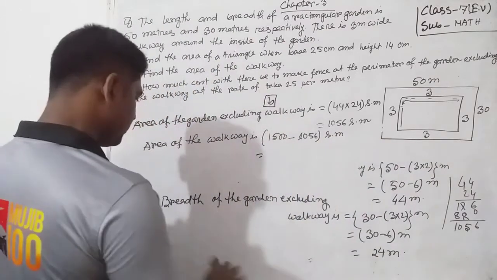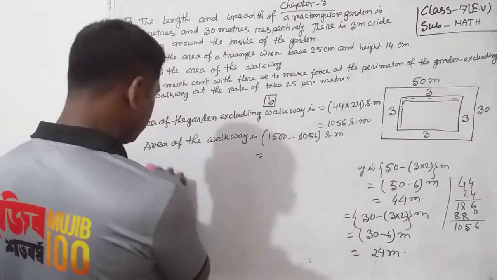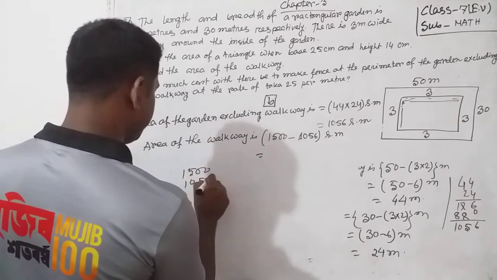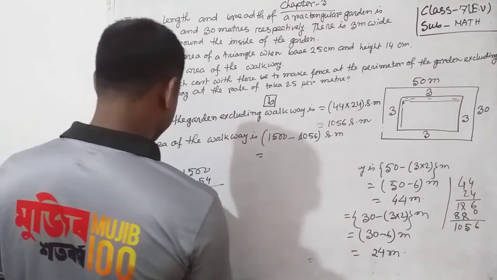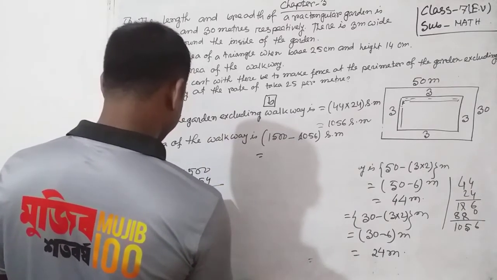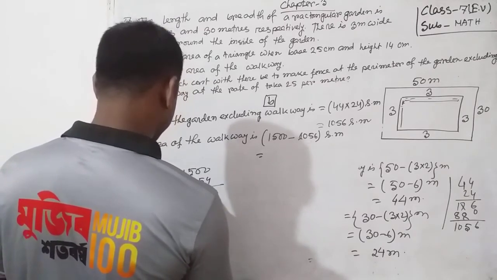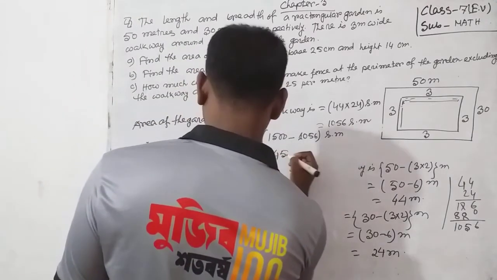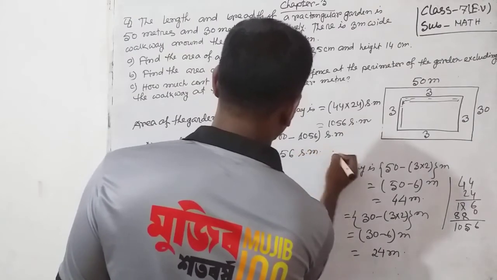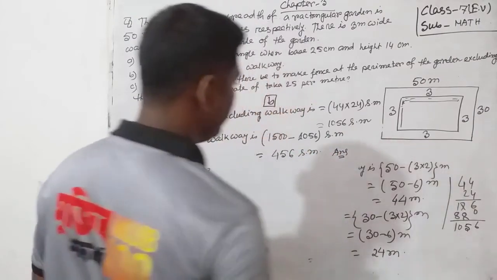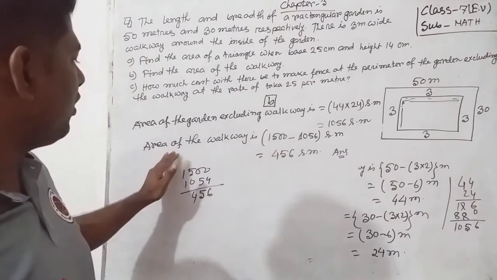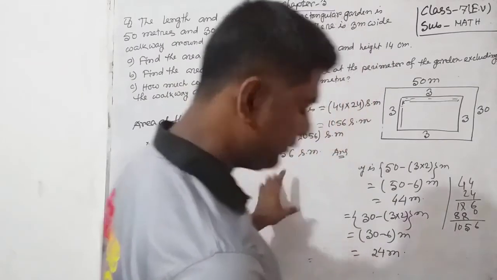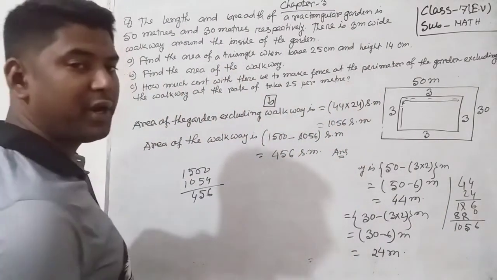So 456 square meter. This is the answer. Okay, we find out the area of the walkway is 456 square meter. Okay, number B is finished. I hope everybody understand number B.